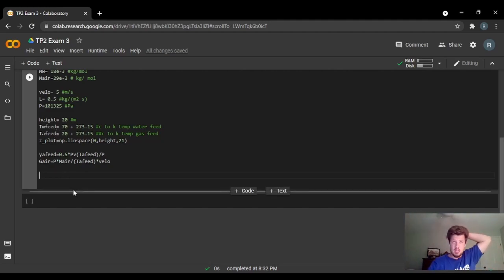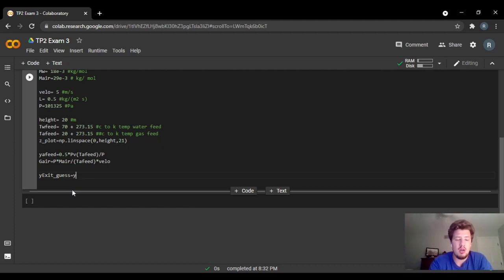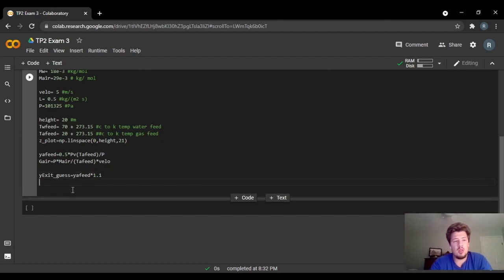So we need to give it a guess, and let's make it called exit for the mole fraction, and then we're going to make sure that we know that it's a guess, and that's going to be the feed times 10%. So we'll do that. And next we need to estimate the temperature of the gas leaving the column.